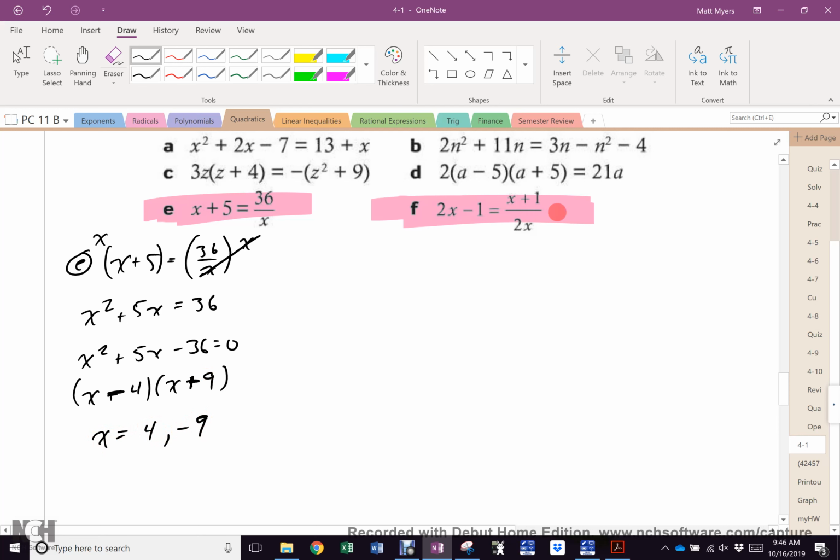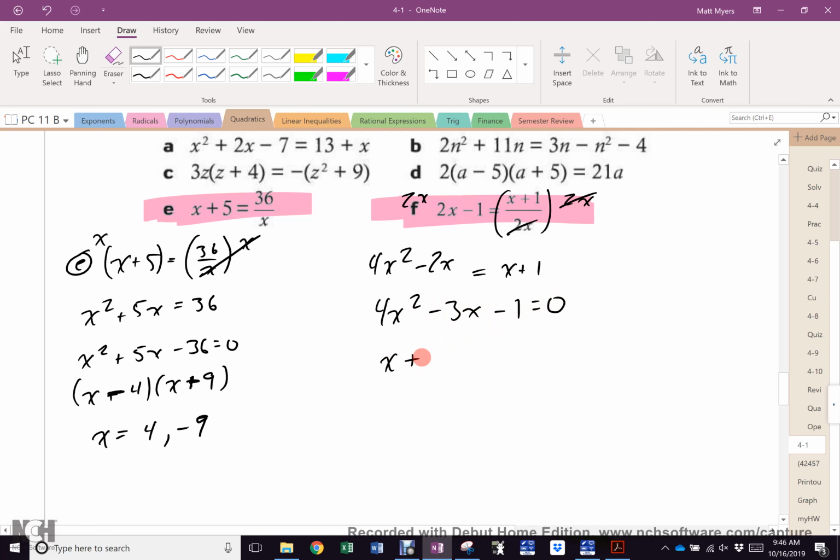Over here, this is barf-tastic, so you multiply by 2x. Cancel, cancel. X plus 1, 2x. 4x squared minus 2x. 4x squared minus 3x minus 1 equals 0.